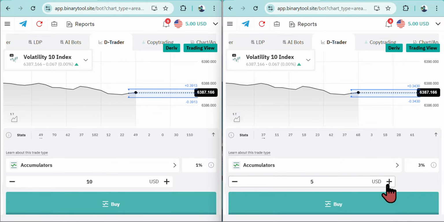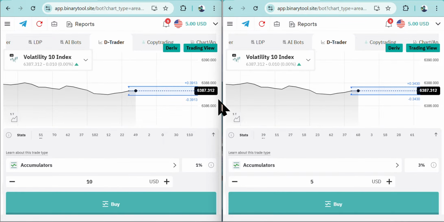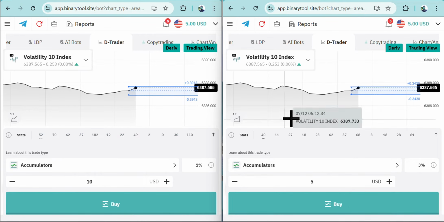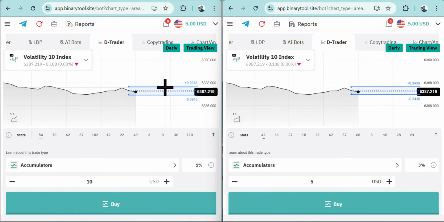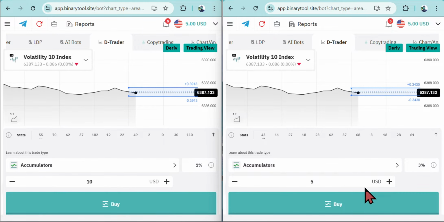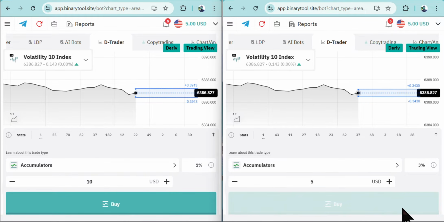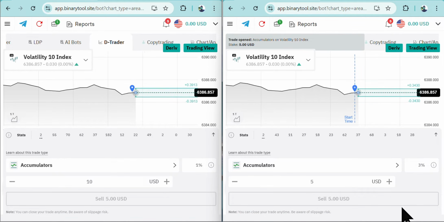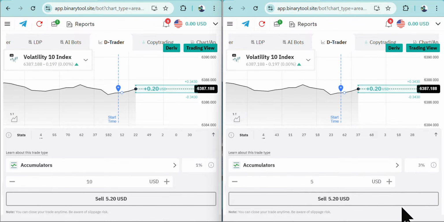This is how you do it. Let's wait. We are waiting for when it breaks out of this barrier on both volatilities, on both sides, on the 1% growth. You can see it has broken out of the two barriers. You can see it also broke out on the 1% side and also on the 3% side.